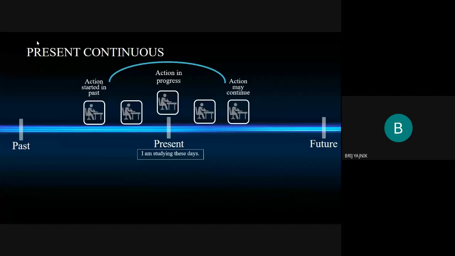Okay, so let's say, for example, she started gymming in the month of March, and then she's doing it. It's action in progress. And it's even going on these days. So what I can say is Princey is going to gym these days, right? To lose weight or maybe to put on weight. So that's a very short action.